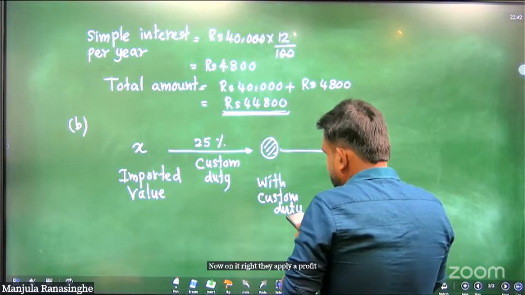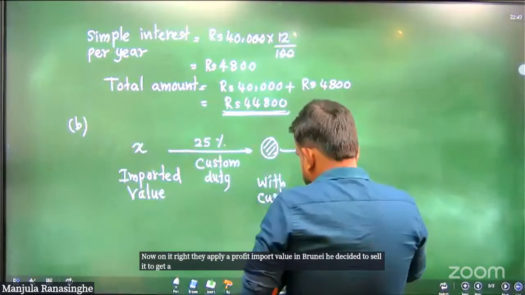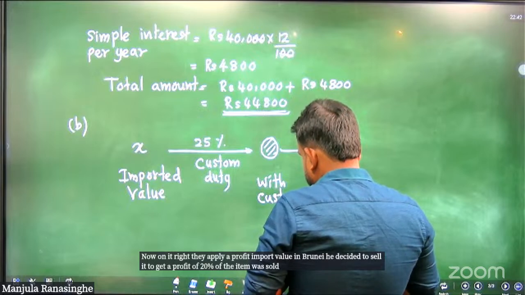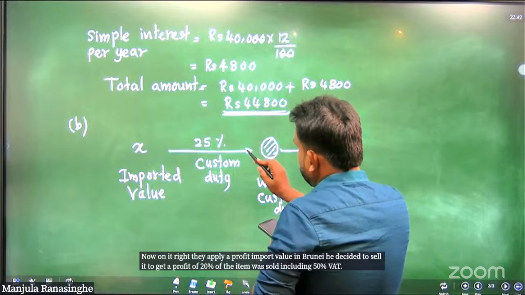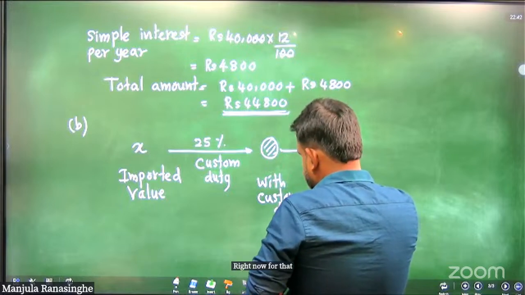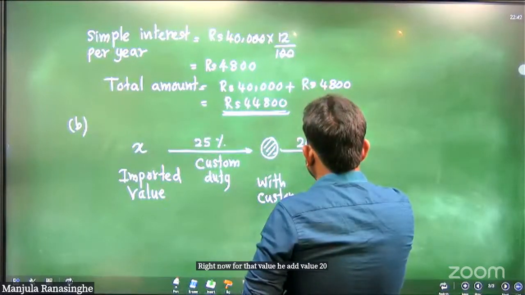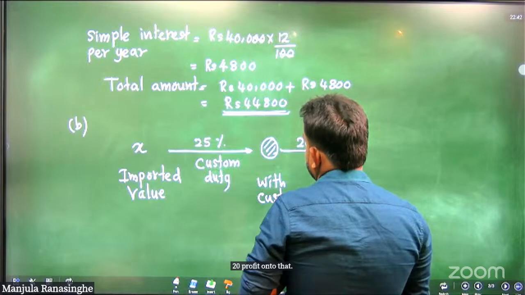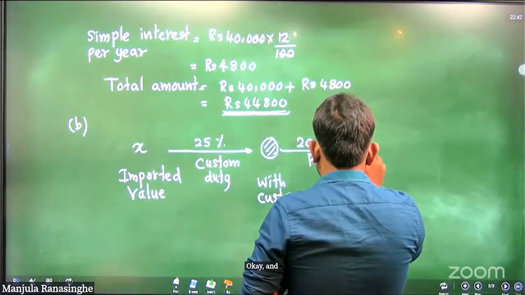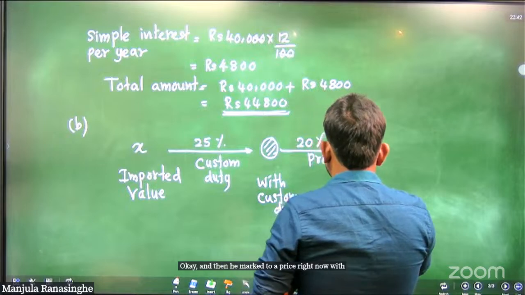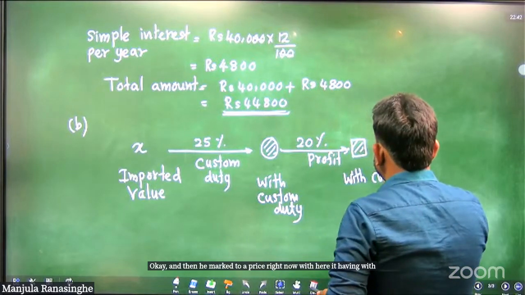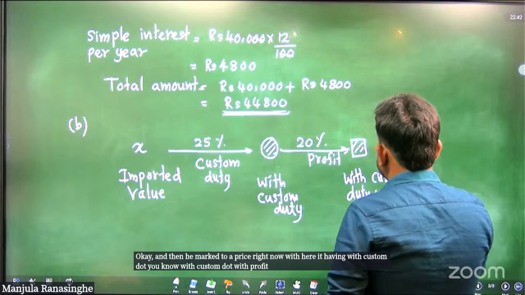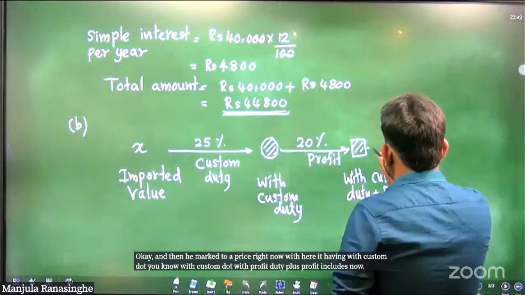He decided to sell it to get a profit of 20%. Now for that value, he adds 20% profit, and then he marks a price. Now here it has the custom duty and the profit included.